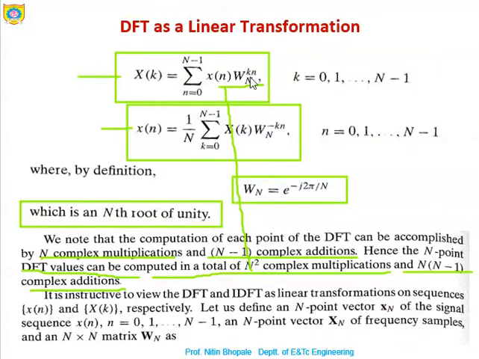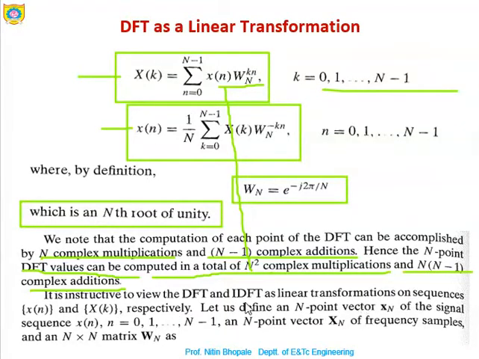So this is how N into N, it will be N square complex multiplications, and this multiplication will be added again with another multiplication, for the single value of k, ranging from 0 to N minus 1. But this is to be repeated not only for k but also for n. So that is why it is mentioned here N into N minus 1 complex additions.